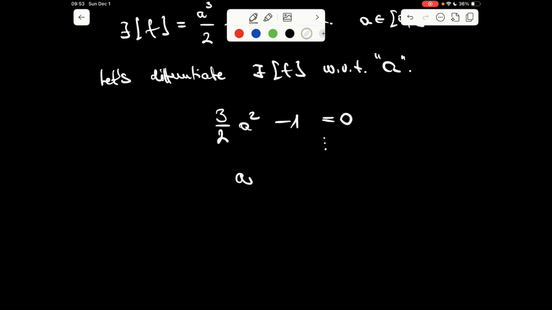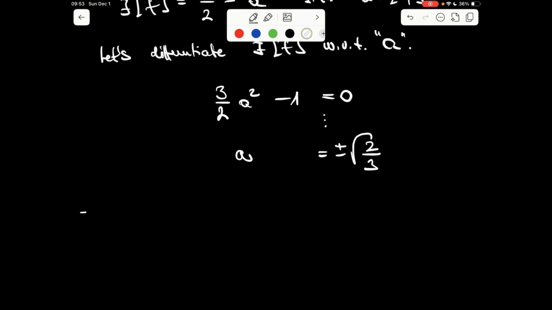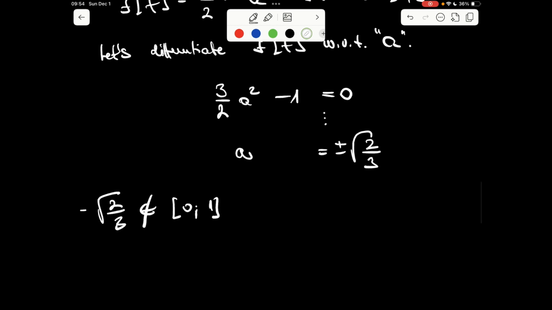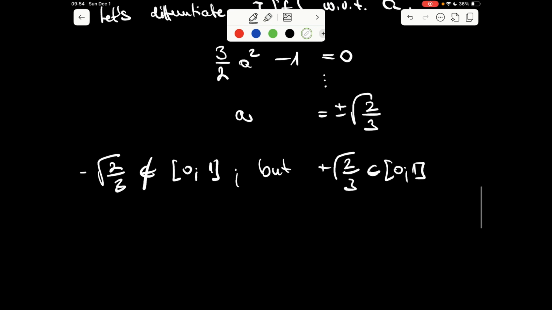So after a few steps we see that we have two possible solutions, from which the first one is negative, so it cannot be a solution, but the other is positive and is in the relevant interval, so this is a relevant solution.